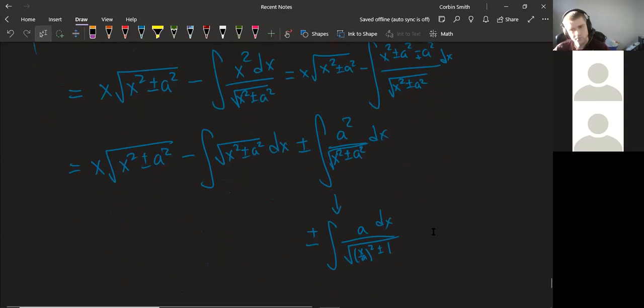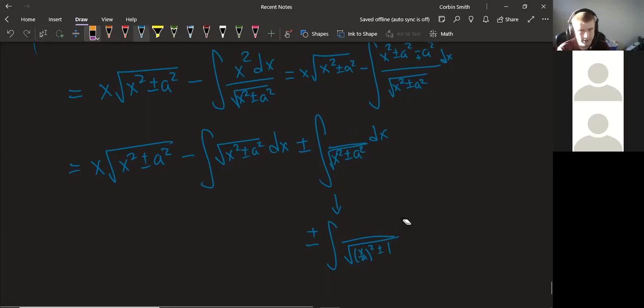Hmm. Apparently we should have been able to solve this integral already.